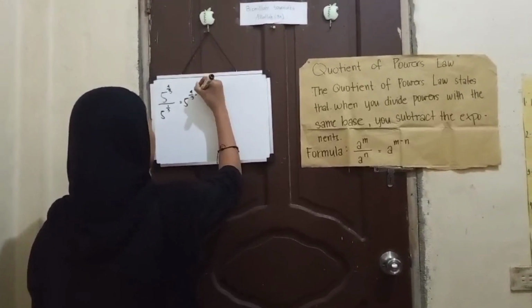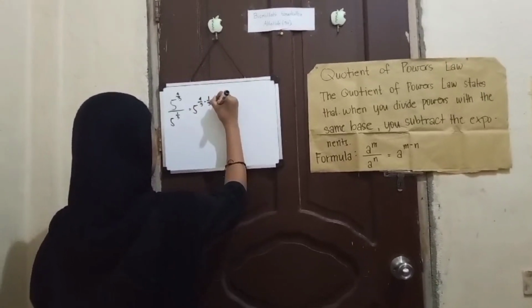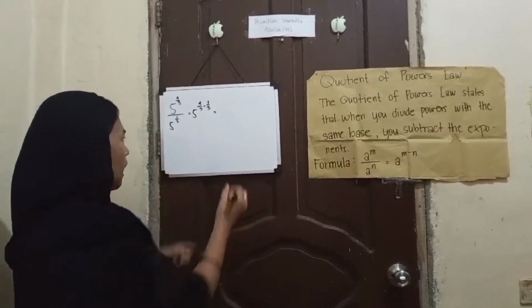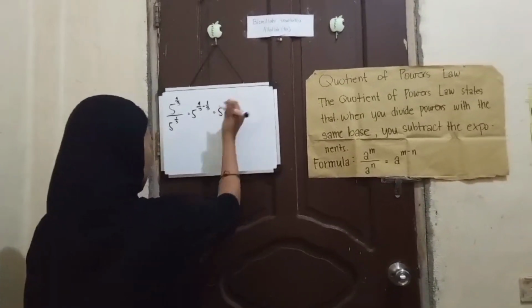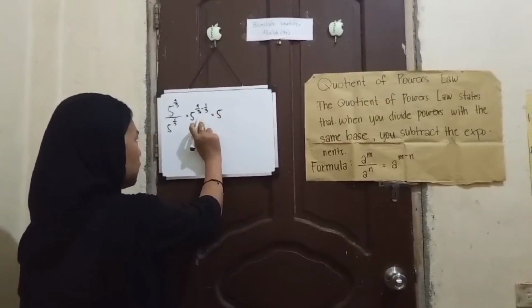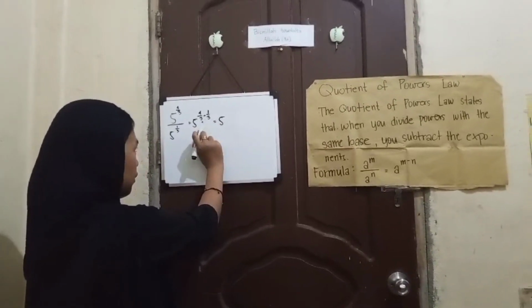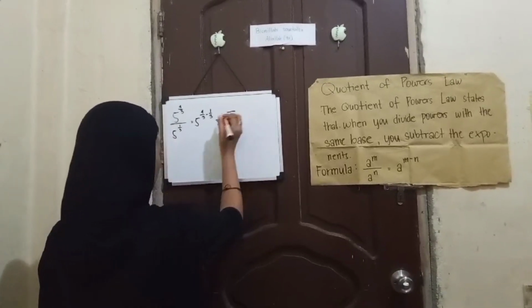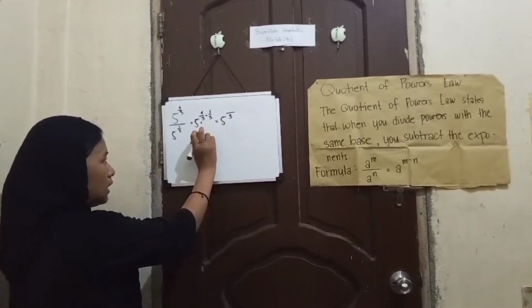5 to the power of 4 over 5 to the power of 1 is equal to, copy the base 5 and then subtract the exponents, where 4 minus 1 is 3.